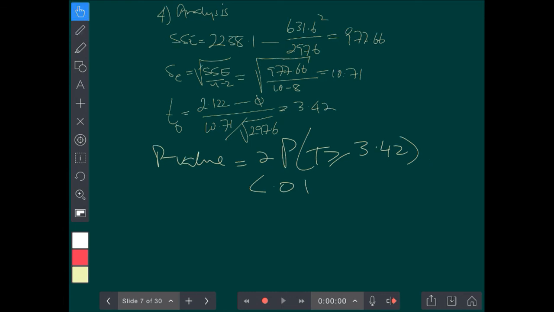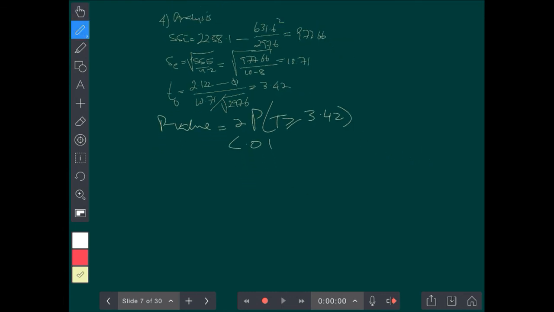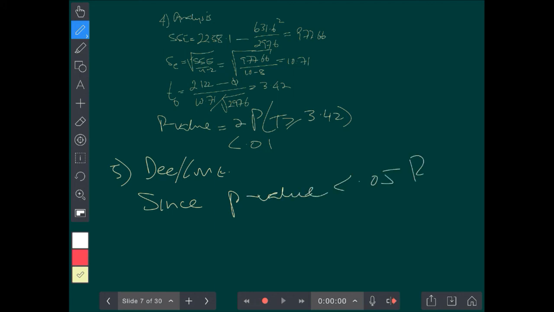And then we could end with step 5, the decision and conclusion. So since the p-value is less than 0.05, reject H0.